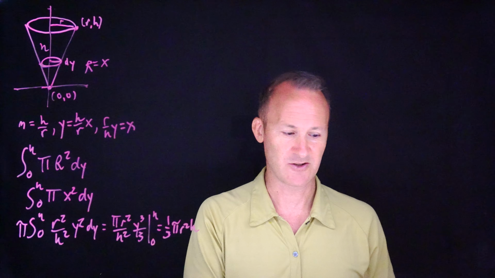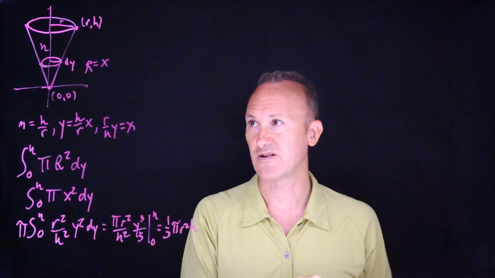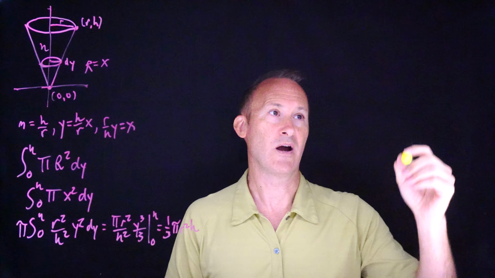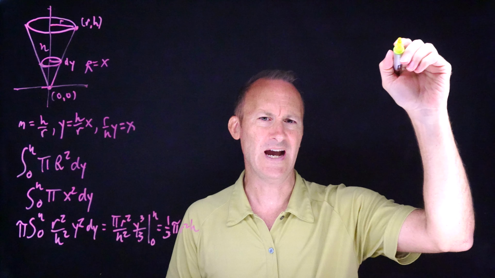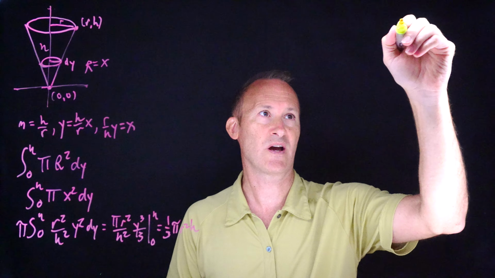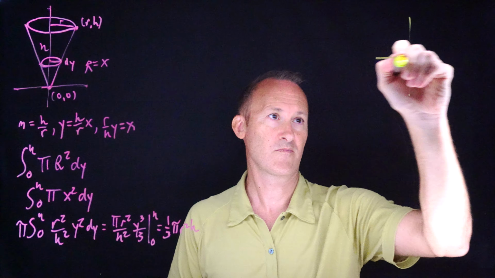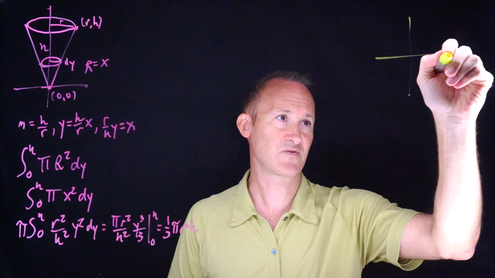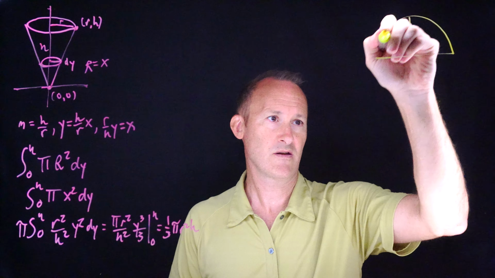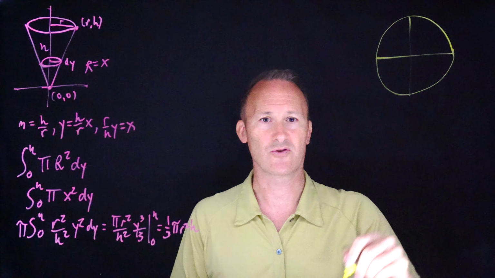Okay, how can we get the volume of a sphere? Well, I think we can go ahead and set up our x and y coordinate here. And for the volume of a sphere, in effect, we're rotating really a circle.